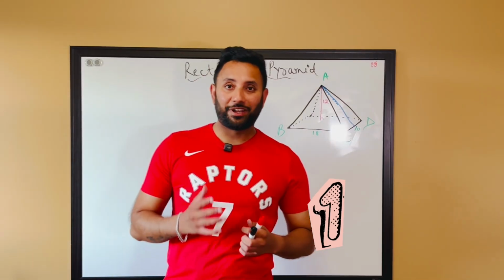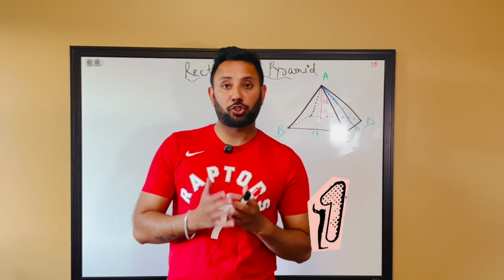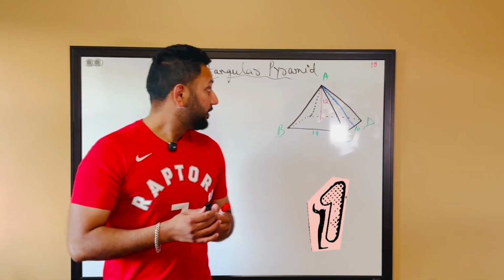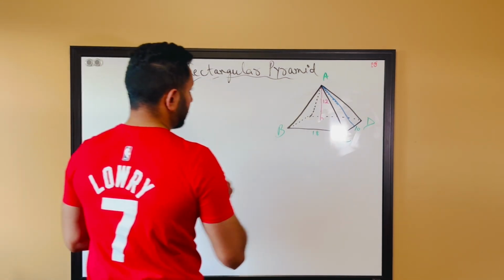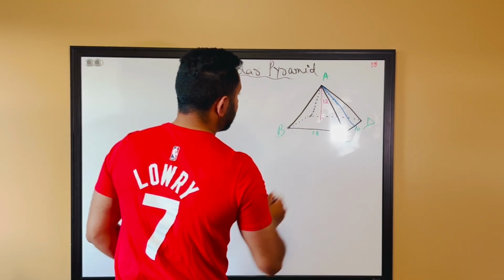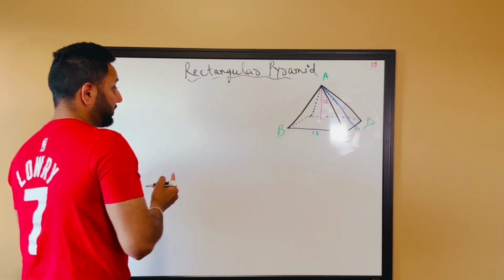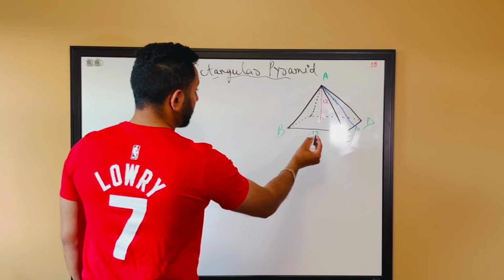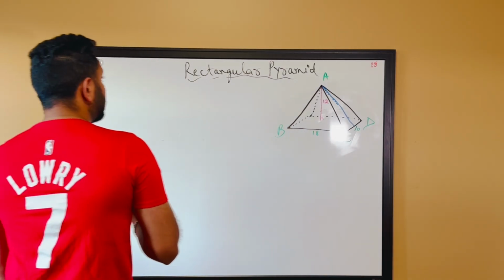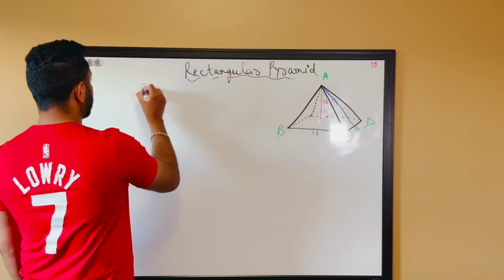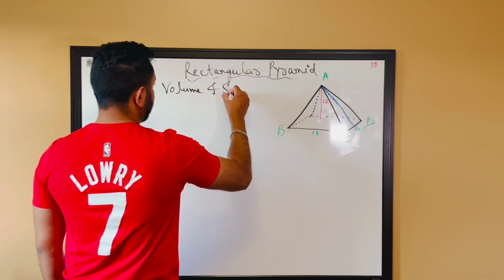So now we're gonna do one example because this is the best way to elucidate the topic in an explicit way. So we are given this figure A, B, C, D, and also we are given the dimensions of the base of the figure, which are 18 by 10, like 10 by 18. And what we need to find out is volume and surface area.